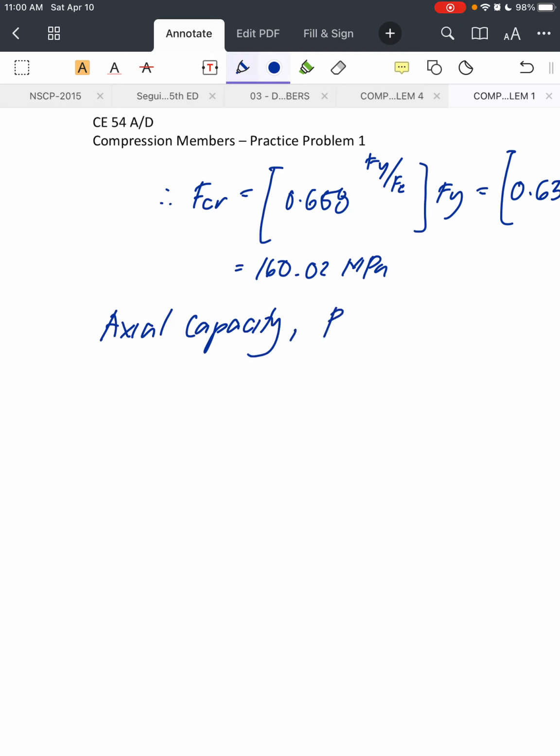Okay, so after that we can now compute the actual capacity, which is your Pcap. So your Pcap, again we are asked to compute using LRFD, so we'll be using phi c times A times Fcr.